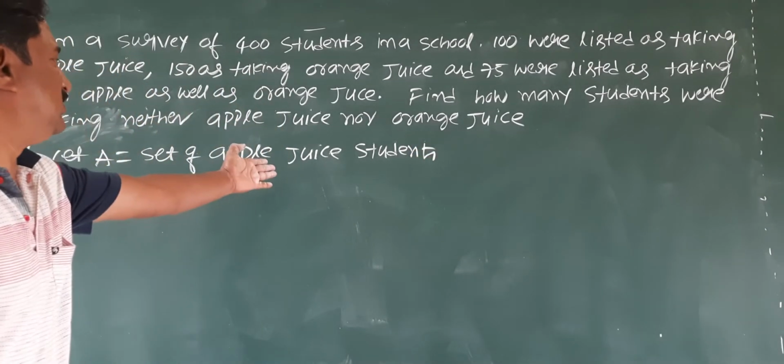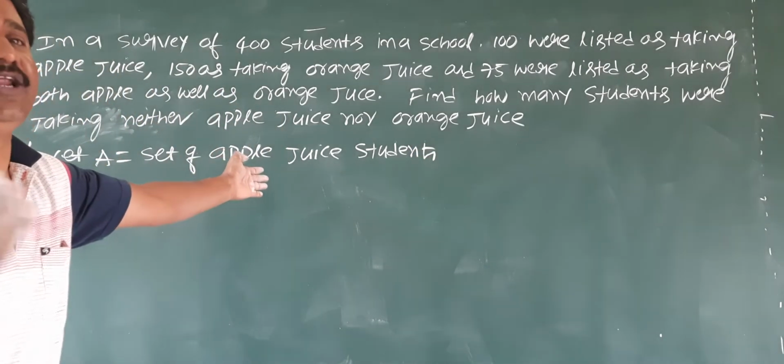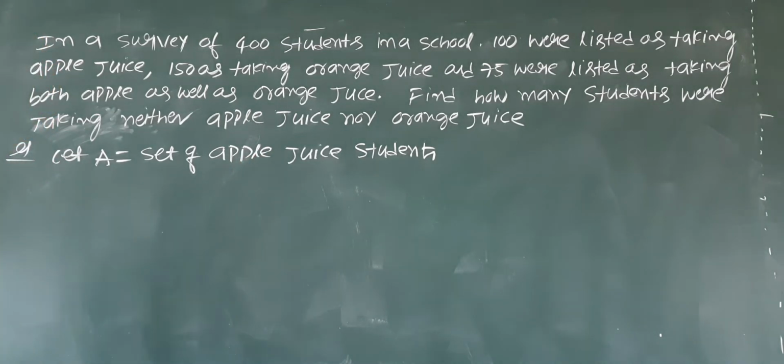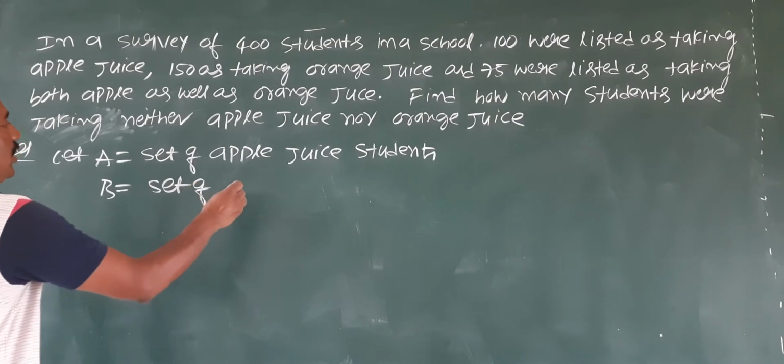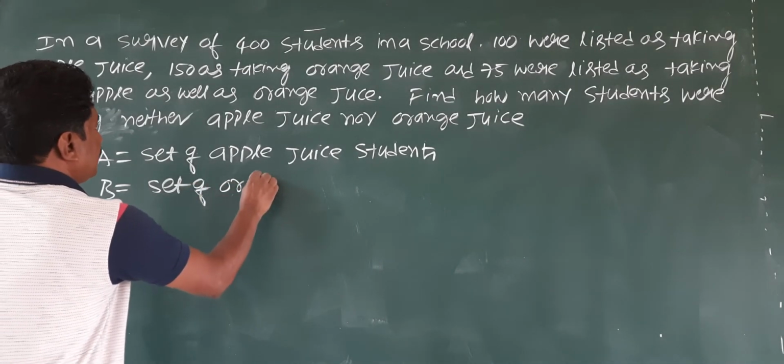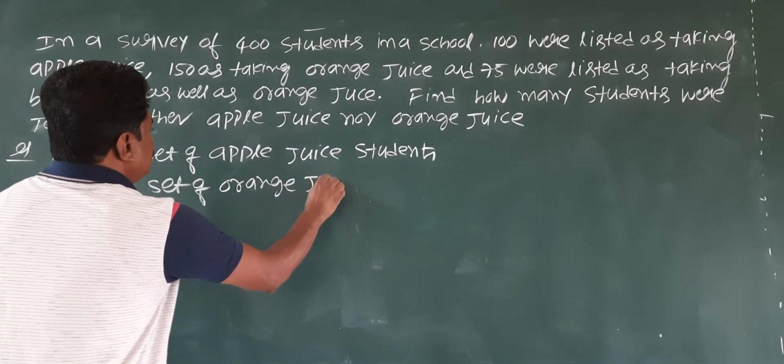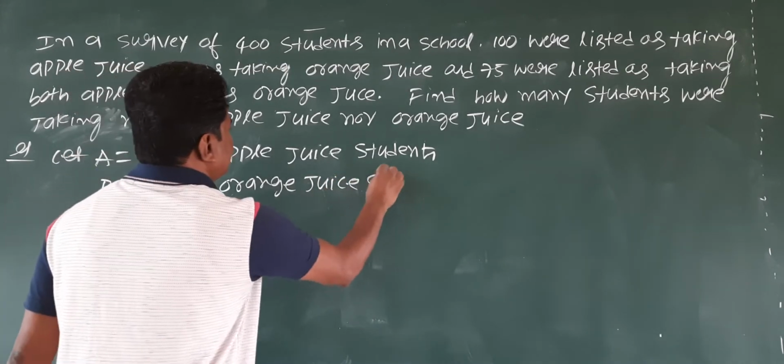Just for reference, we write these things. Set B is the set of orange juice students.